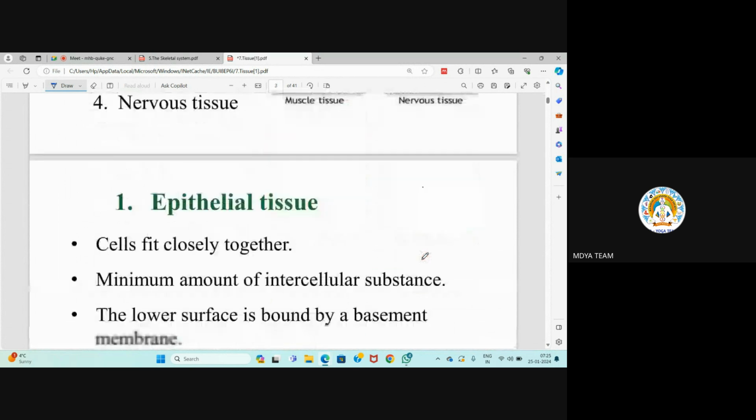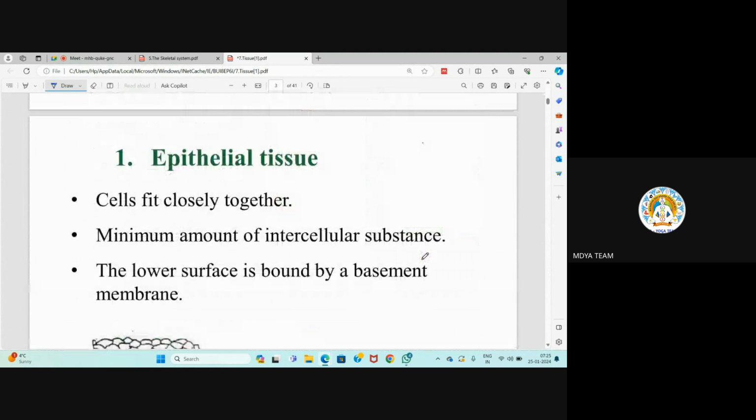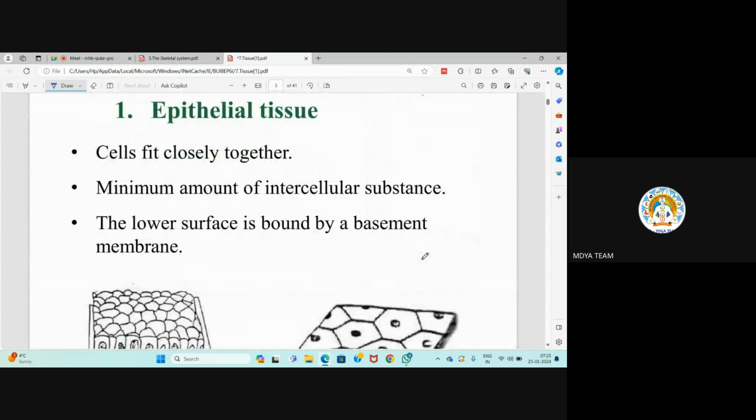Okay, so let's first discuss epithelial tissue. In epithelial tissue, cells fit closely together, with a minimum amount of intercellular substance. Obviously, if cells are fitting closely together, every cell is very close to another cell.